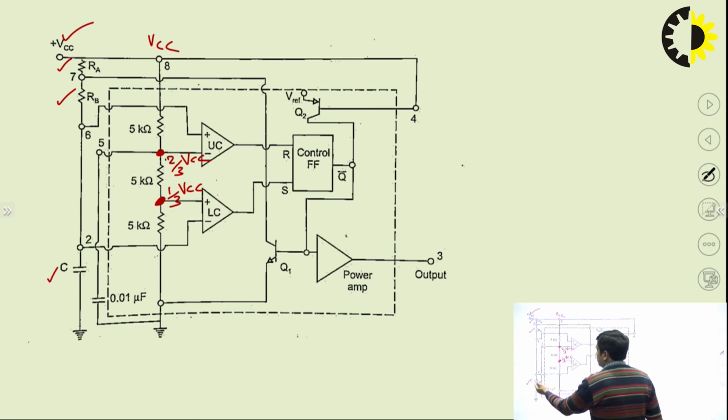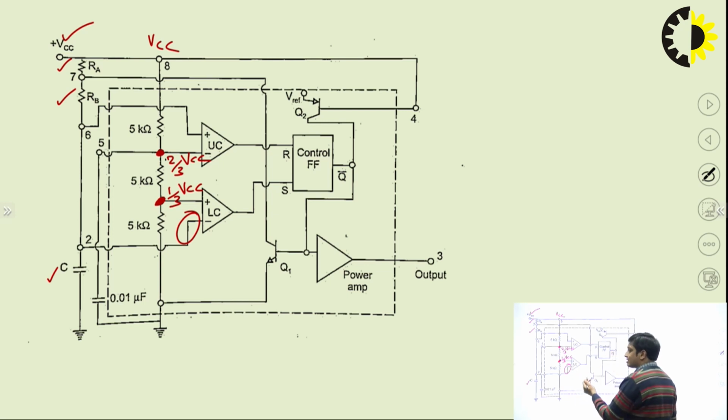Now when we connect the supply voltage to this circuit, this capacitor will start charging. So initially what will happen? The voltage at the inverting terminal of the lower comparator will be lesser than the non-inverting terminal voltage. So obviously the output of the lower comparator will be 1, and we can see the inverting terminal of the upper comparator is at 2 by 3 VCC.